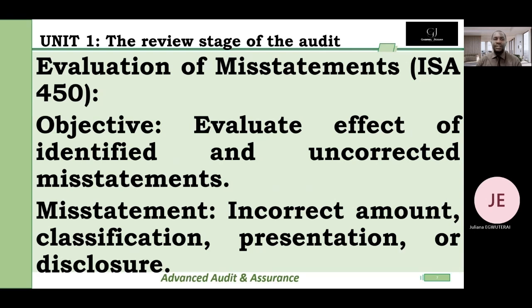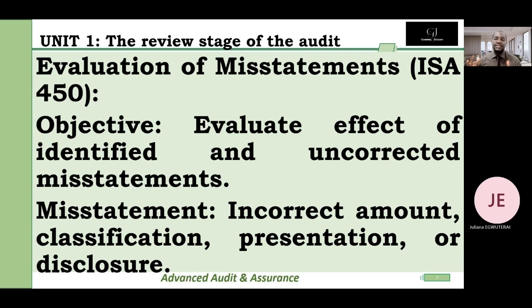So the objective essentially for evaluation of material misstatements based on ISA 450 is to evaluate the effect of identified and uncorrected misstatements. So what is a misstatement? It is an incorrect amount, maybe significant in size and volume.